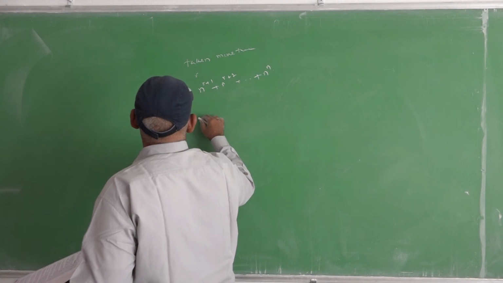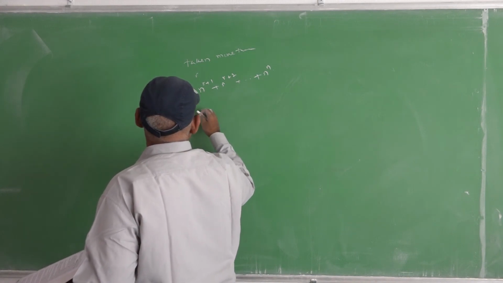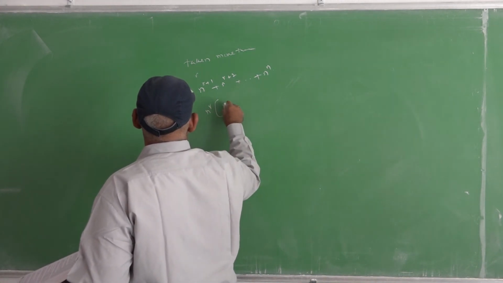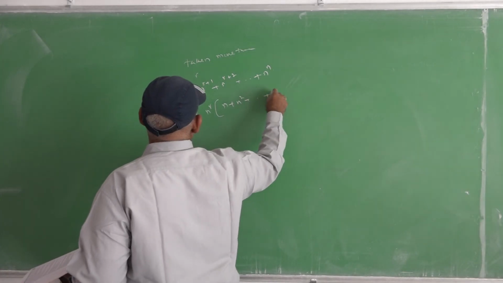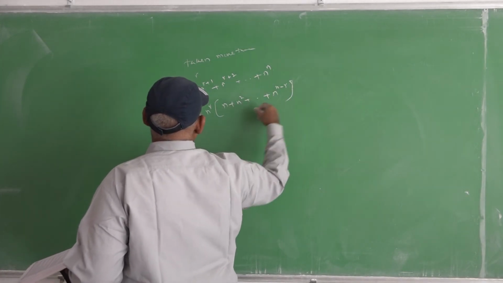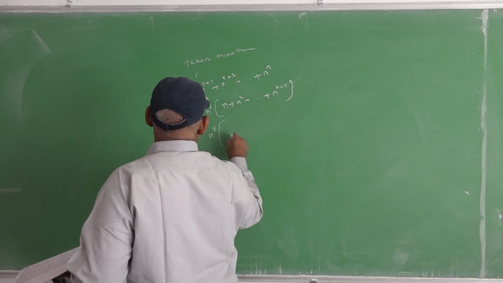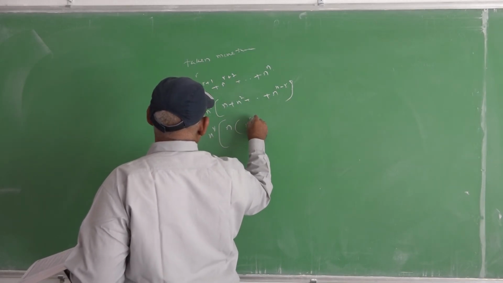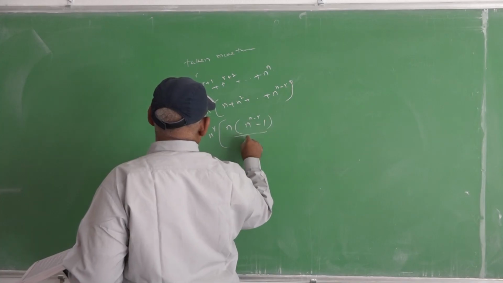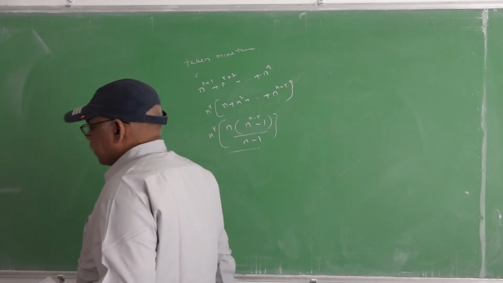Out of this, you can take n power r as common, so that we get n, n square and so forth, n power r from 1 to n minus r terms, and that is given by n into n power n minus r minus 1 by n minus 1 itself. You can simplify this one.